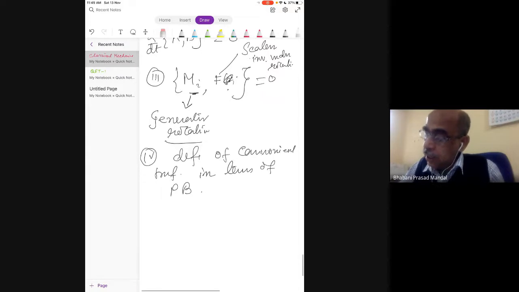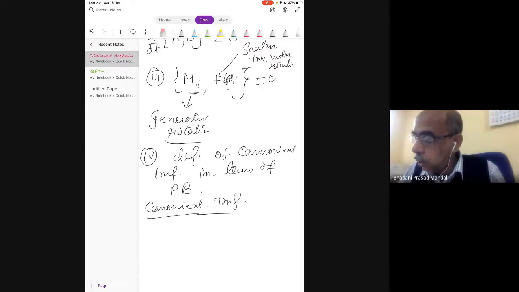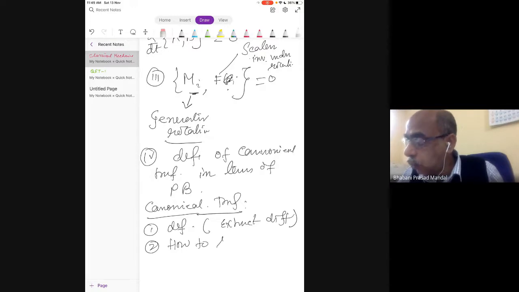In canonical transformation, another very important concept, you're supposed to know first the definition, then how to show the definition through exact differentiation, then how to show a transformation is canonical.